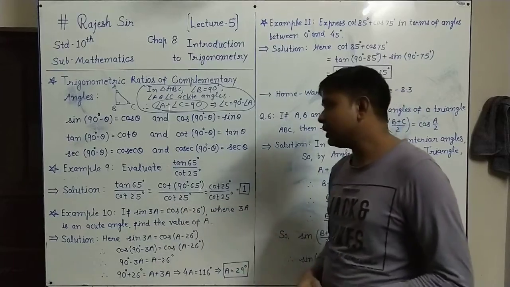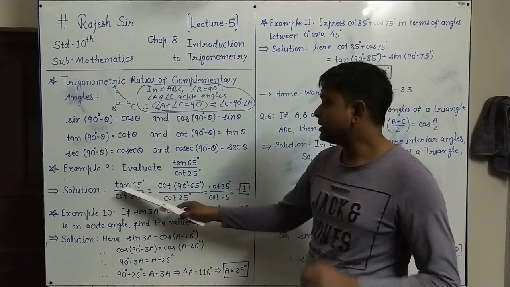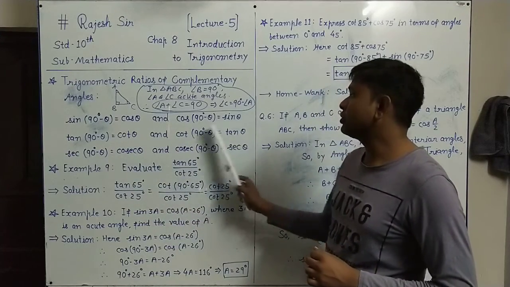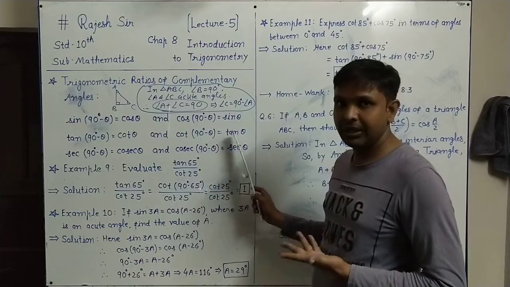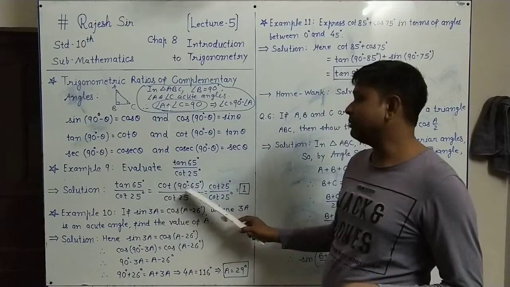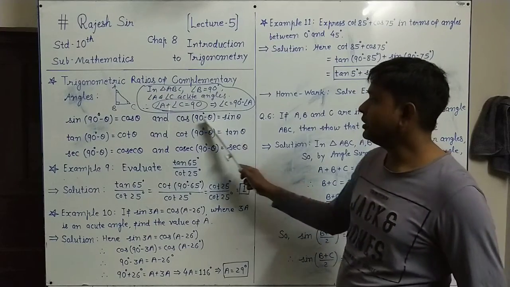In this question, I have changed tan 65. Tan theta is equal to cot of 90 minus theta. So tan 65 can also be written as cot of 90 minus 65 because of this formula.